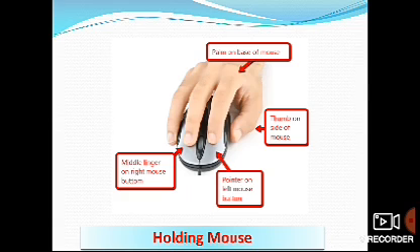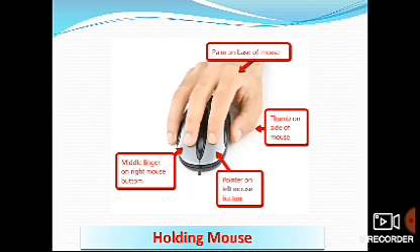And then put your right hand middle finger, the finger after the index finger, on the right button of the mouse. Keep your palm on the back of the mouse, and place the thumb on the side of the mouse.